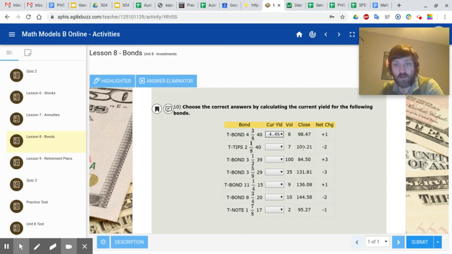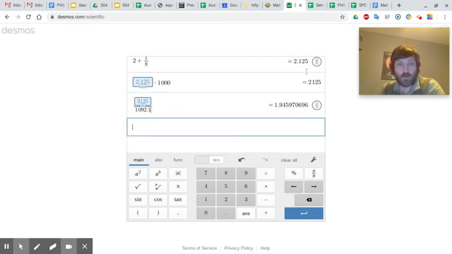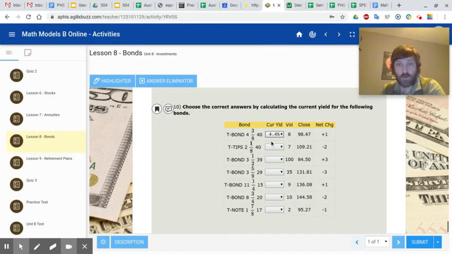So we're going to do 1,092.1. Oh, it's in the wrong place. Let's go down here. 1,092.1. And it's going to be 1.94. 1.9 right there. So again, interest times 1,000, close times 10, divide them, and that gives you your current yield.